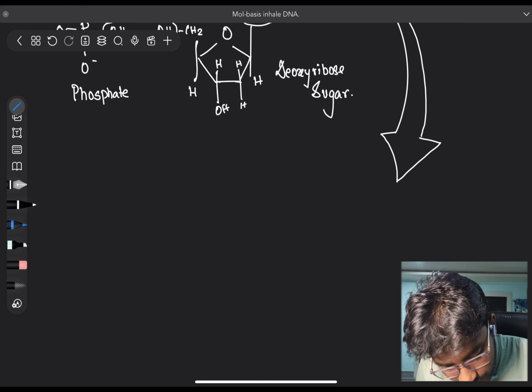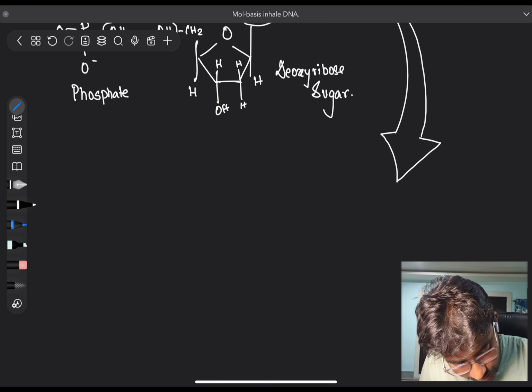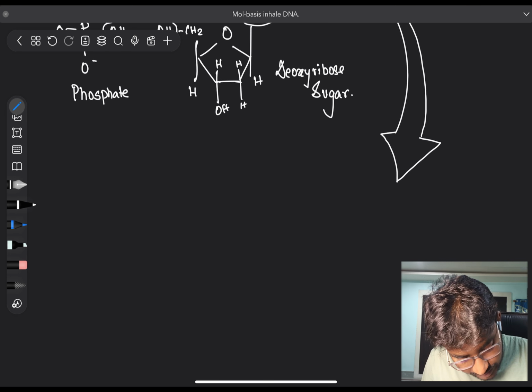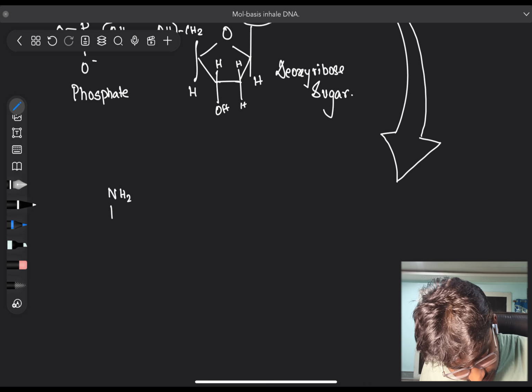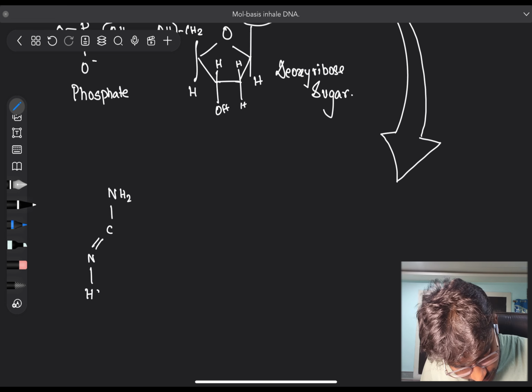So what will happen here? As and when the phosphodiester bond is made, it will make NH2, single bond carbon, double bond nitrogen, hydrocarbon.